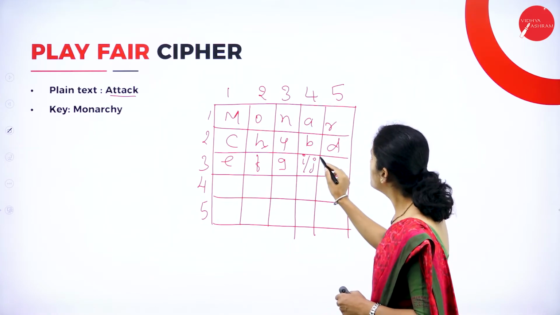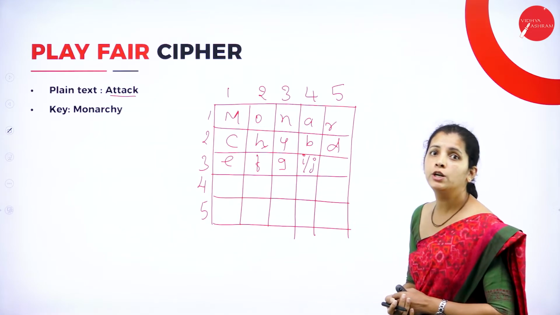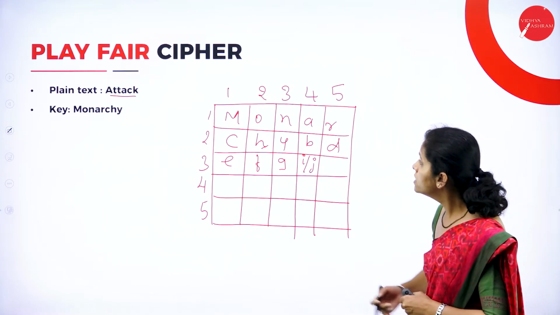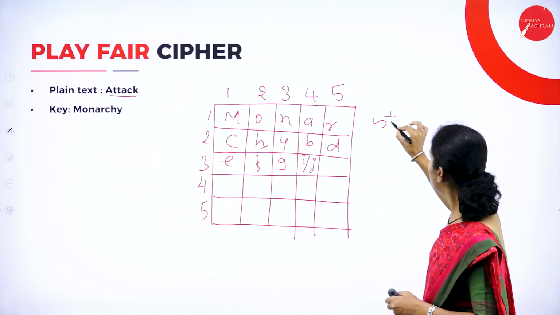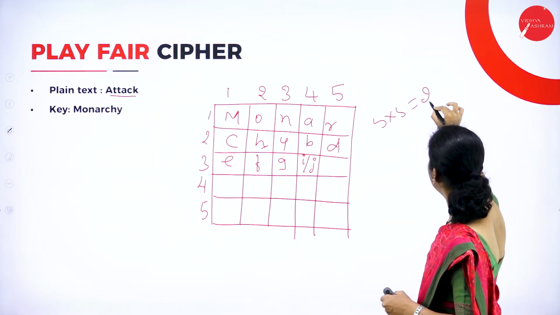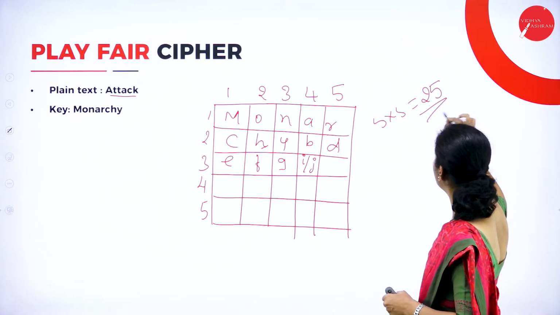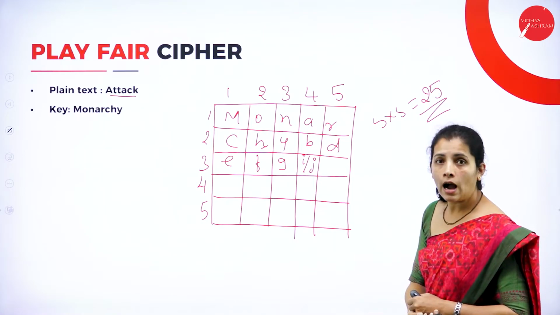See here, I'm going to write I and J together because I'm going to use a 5 cross 5 matrix, so I can place only 25 characters.